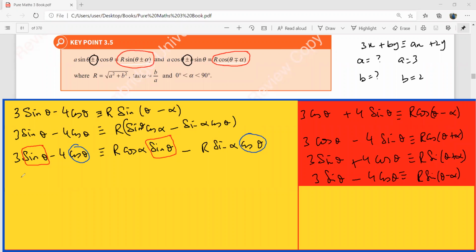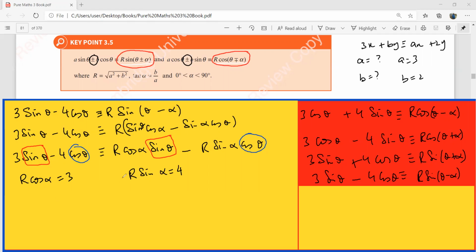We have r cos alpha equal to 3, and we have r sine alpha equal to 4. Don't worry about these minus signs between them. The minus is matched by the minus. So we have to get the values of r and alpha.